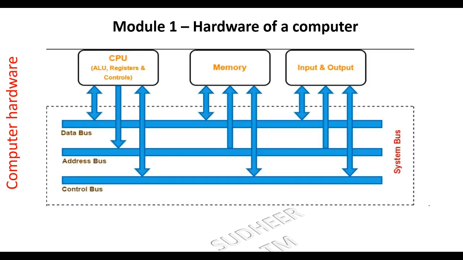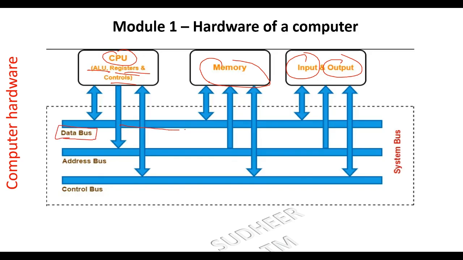Then here is the schematic of the different buses in the processor. You have the CPU. Inside the CPU, you have the ALU, registers, and controls. We'll see what a register is later. And in your computer system, you have memory, an input device, and an output device. So you have the data bus.